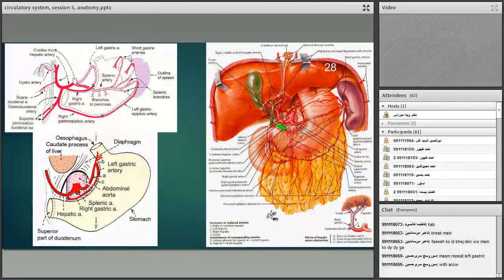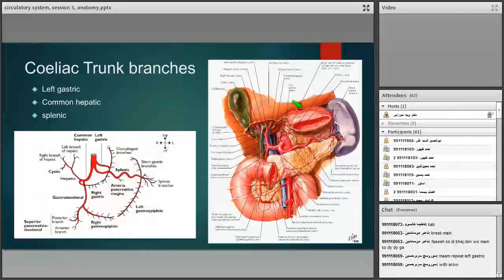Here we have the left gastric branch, which is going to the small curvature of the stomach and supplying the blood for that. Okay? The other artery we said is the common hepatic.